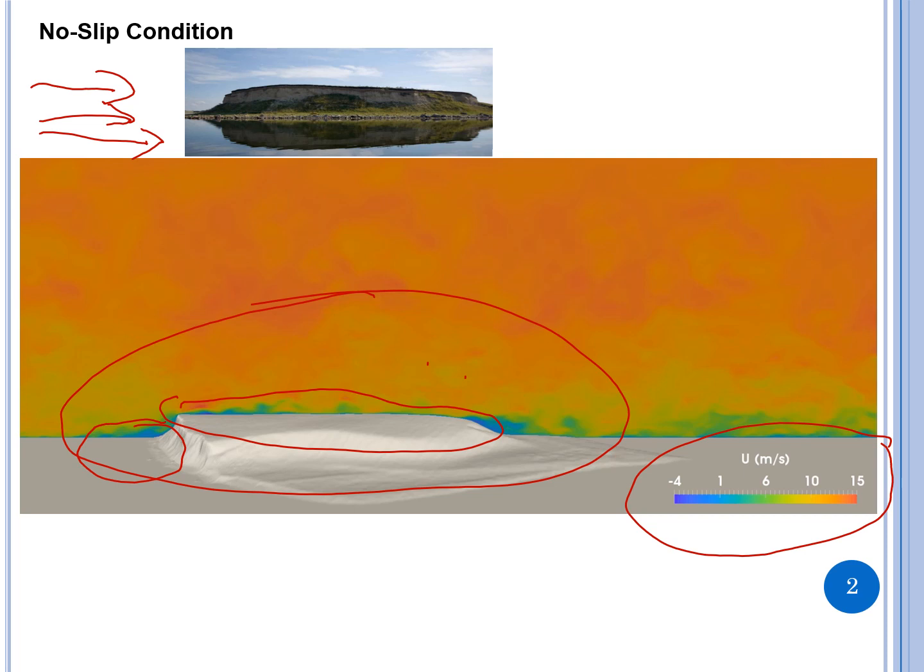If you look at the velocity profile near the surface, you see the blue color that indicates a very low velocity, and as you go away from the surface the velocity is increasing.